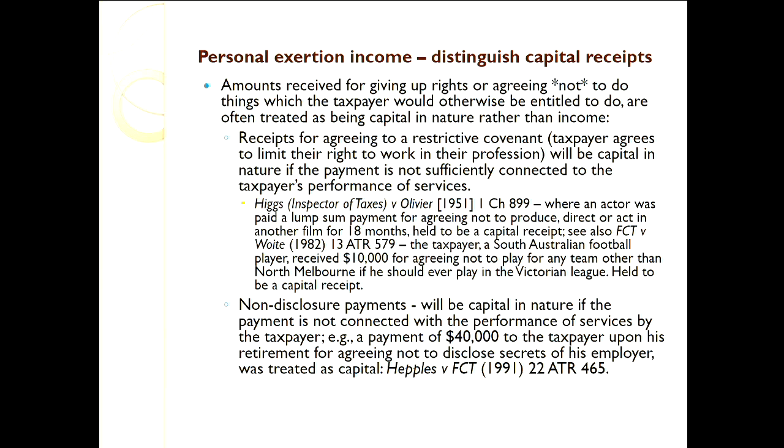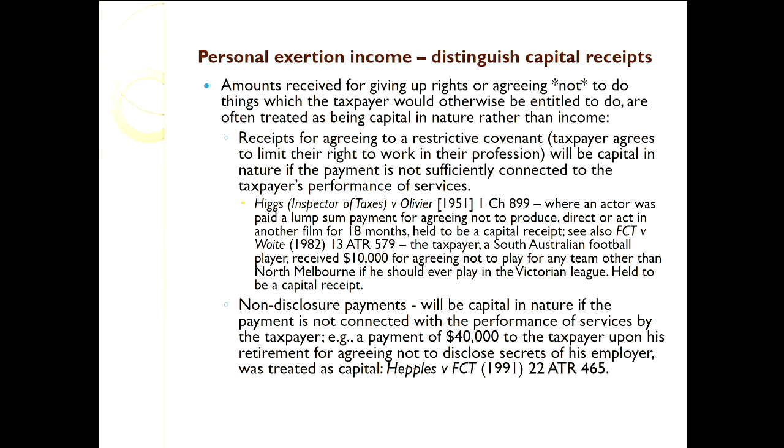If you receive a payment as per the Higgs and Olivier case, for agreeing with someone not to work in your profession for a period, there the famous actor, Laurence Olivier, agreed to not work in his profession, not to act or direct a film or to produce a film for a period of 18 months, and he was paid a large sum of money by a film studio for that.